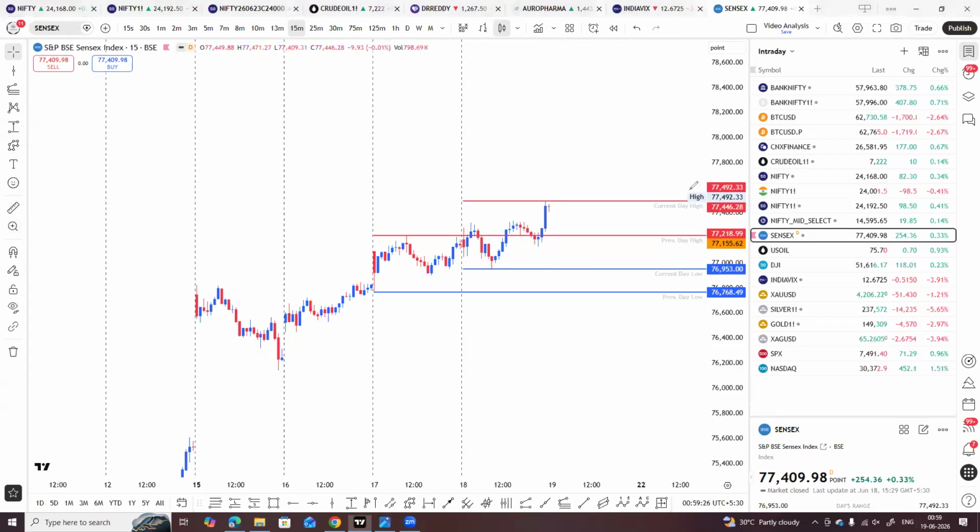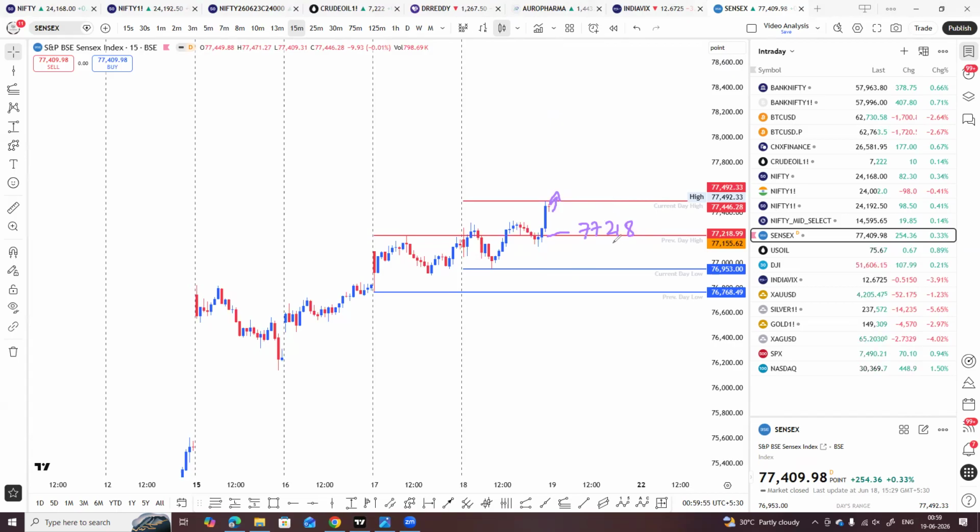So it closed very near the current day high, and it successfully closed above the previous day high, which confirms the bullish structure observed in Nifty and Bank Nifty. As long as Sensex remains above 77,218, that is the previous day high, the broader market structure is going to remain positive.